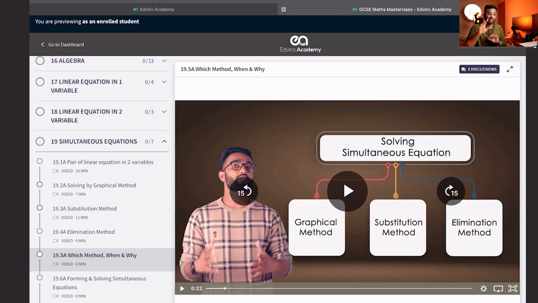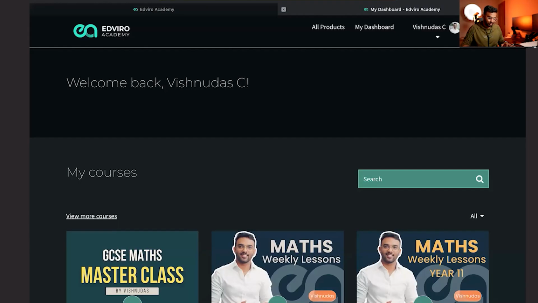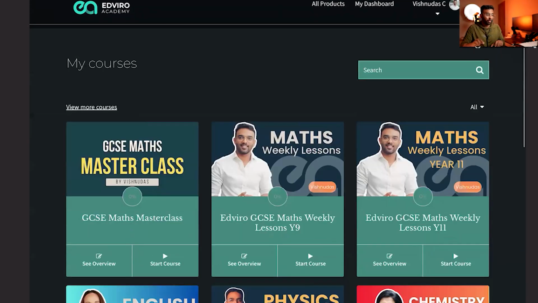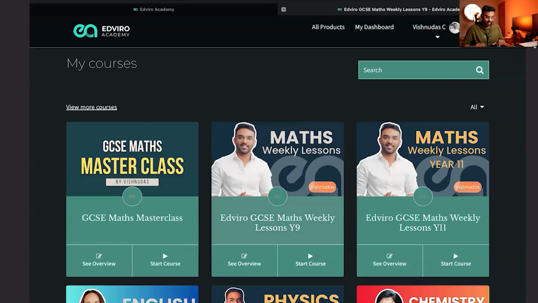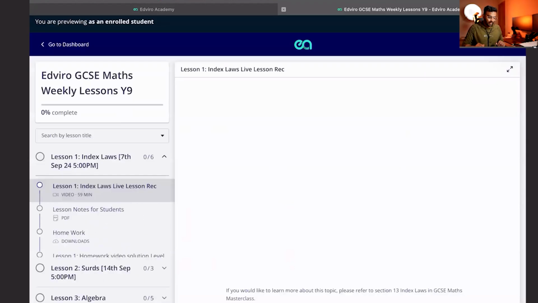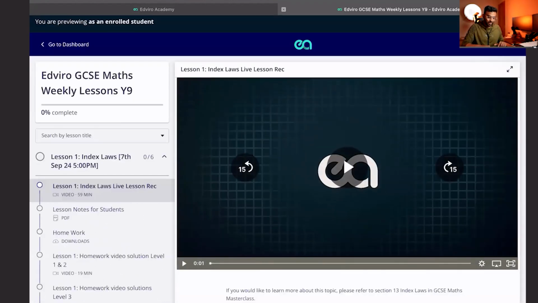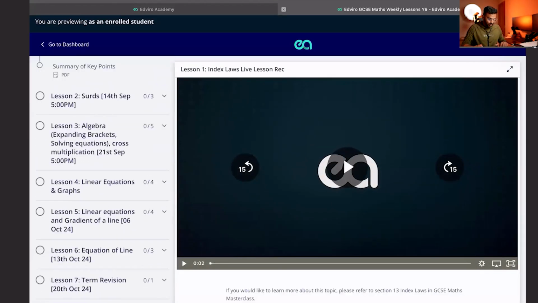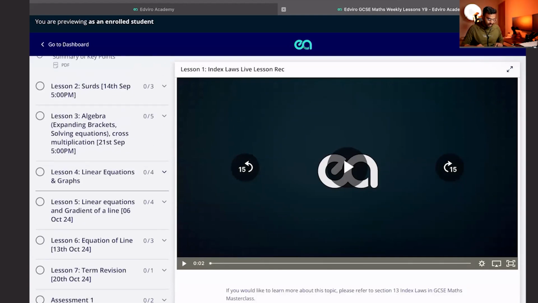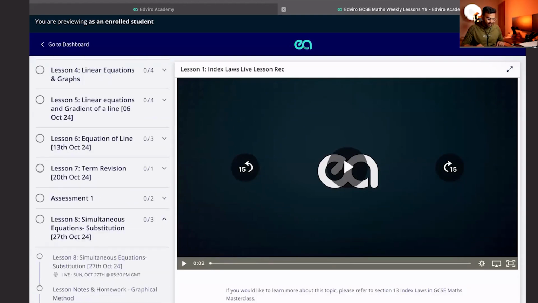And for the homework, you go back to your dashboard. You will only see this. I have access to all of it. You click on this, and then scroll down. Today's lesson is simultaneous equation. You can see lesson notes and homework. Do you see those two PDFs right at the bottom?